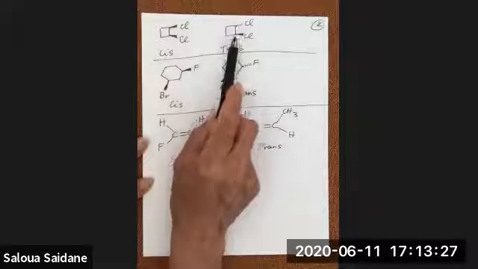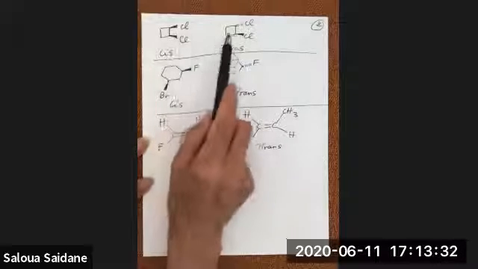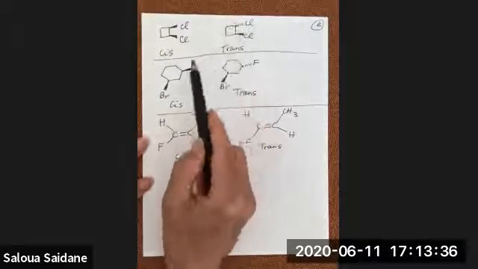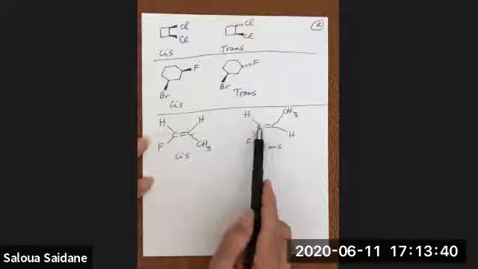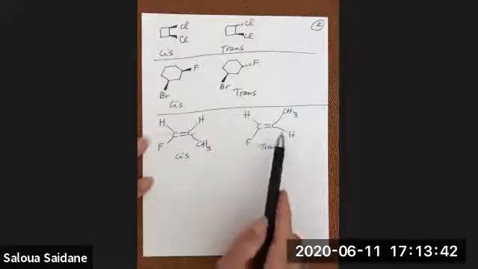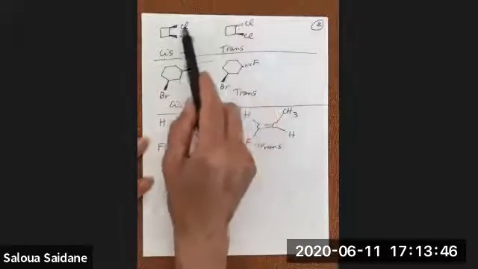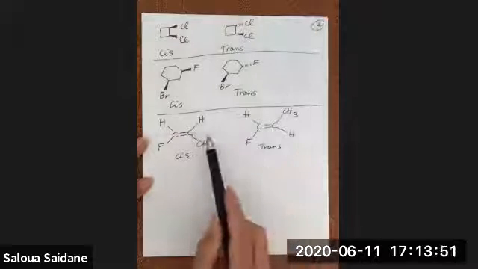If this goes to the back, this has to also go to the back. So in order to go from one form to another, you have to break this bond and attach it differently. Same here, same here. That's why they're considered configurational isomers, which means that you can't go from one to another without breaking a bond and reattaching it in a different way.